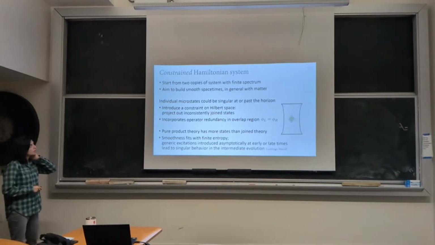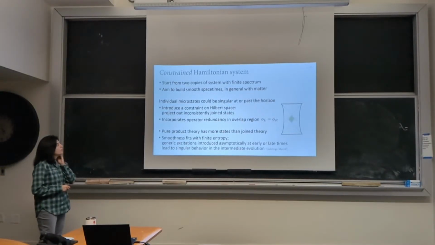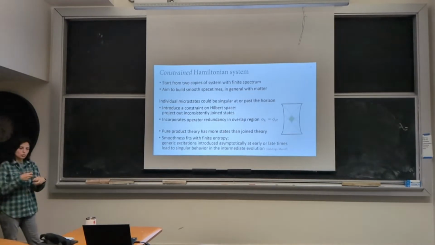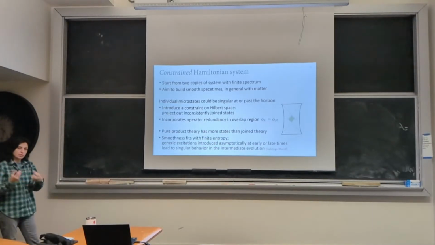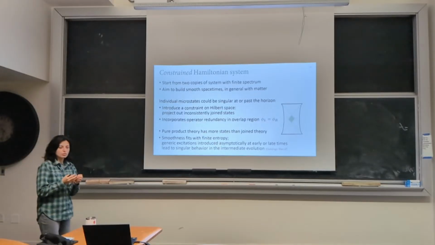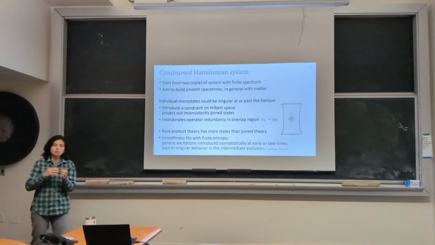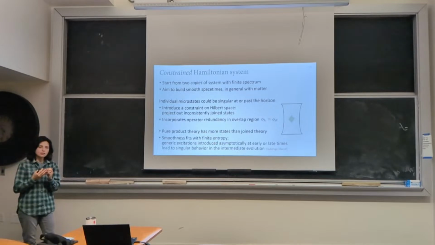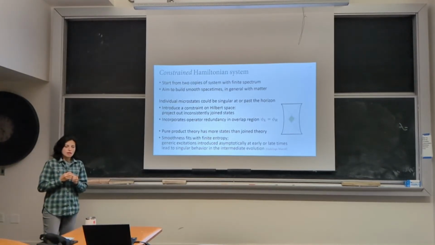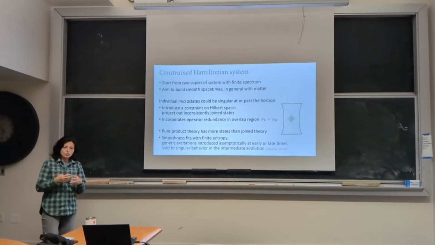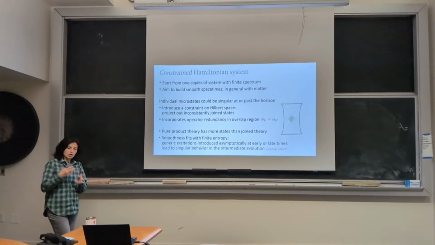Yeah, let me just make one final comment about how we are joining the systems together. So we start with two finite spectra, and these spectra have all sorts of states in them, like the states with matter perturbations, and we would like to join them together such that the geometry that is a result of this joining is a smooth geometry.